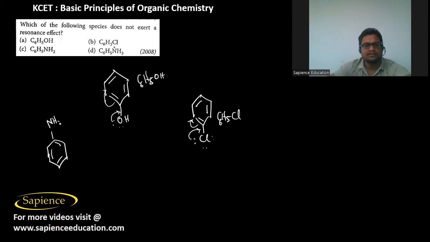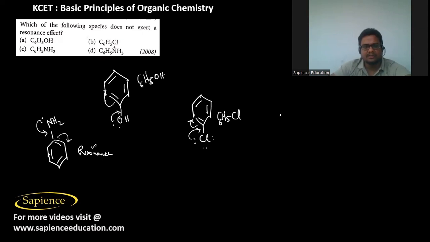And in C6H5NH2, here also on nitrogen we have one lone pair, so it can get delocalized here. So here also resonance can be there.